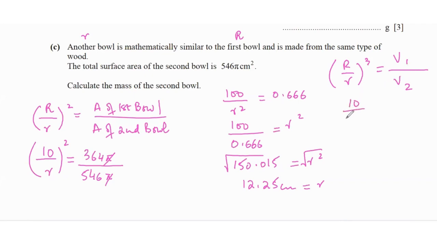It's going to be 10 over 12.25 cube equals to, now volume of the first bowl was found to be 756.2 divided by the volume of the second bowl.